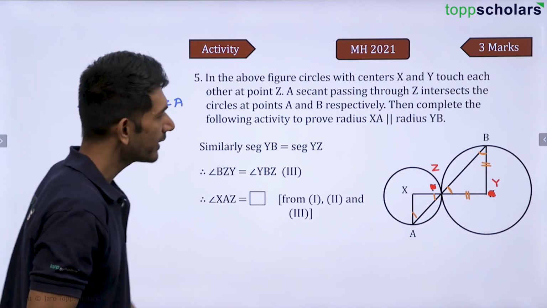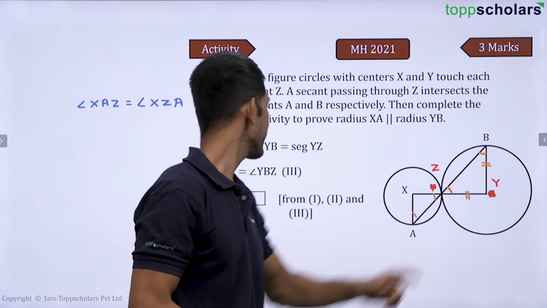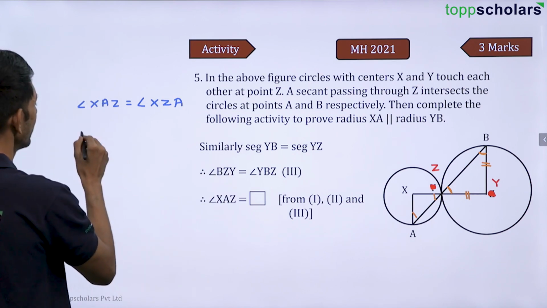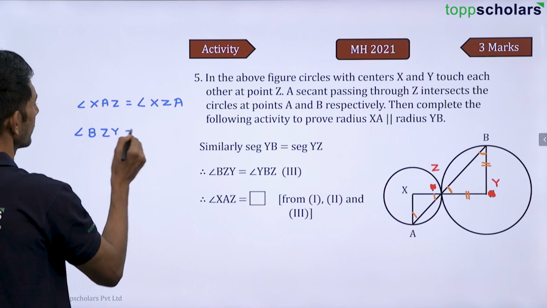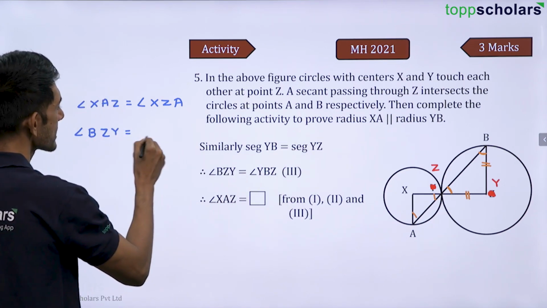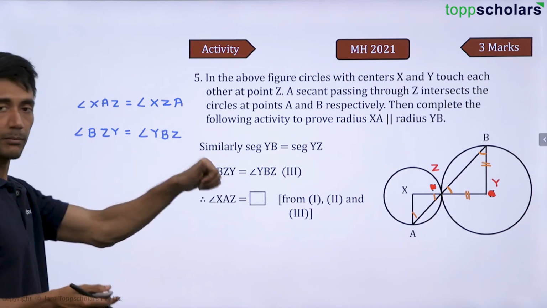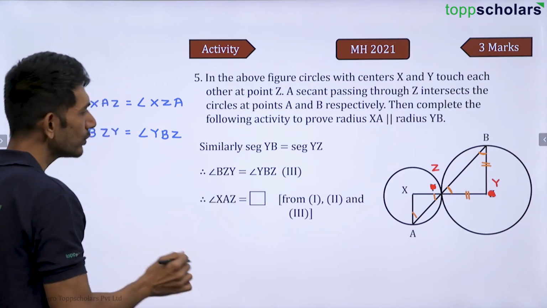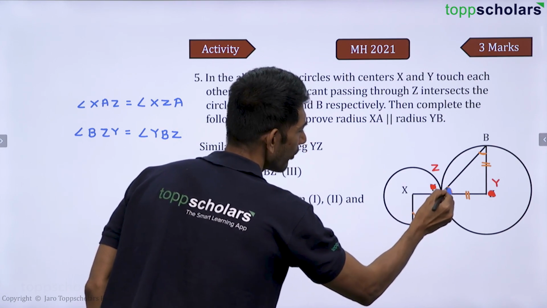Then we know that YBZ and YZB, or BZY, is equal to YBZ. This we already have from the previous page. Now we already know that this angle and this angle are equal. They are vertically opposite angles.